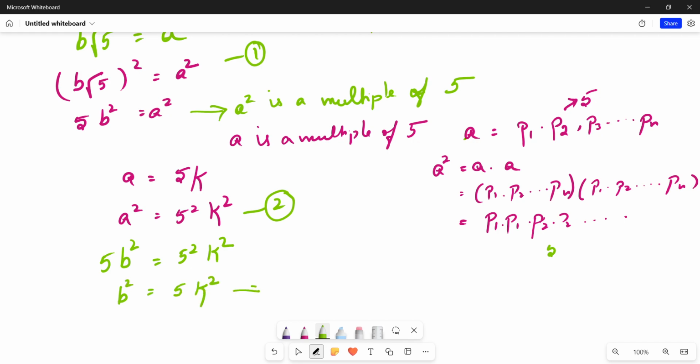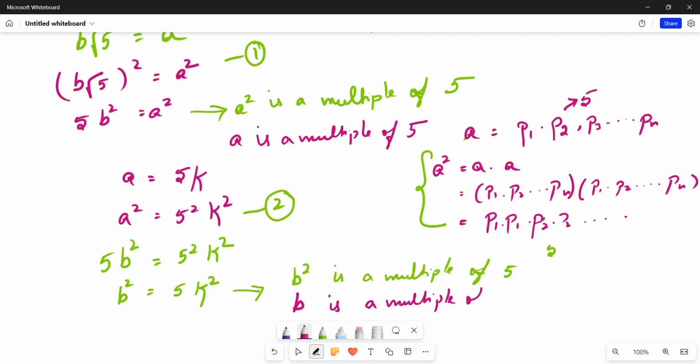This also says that b squared is a multiple of 5, which means, by the same logical reasoning which we have provided here, that b is also a multiple of 5. And alas, we have arrived at a contradiction: a and b have a common factor, at least one common factor, which is 5.